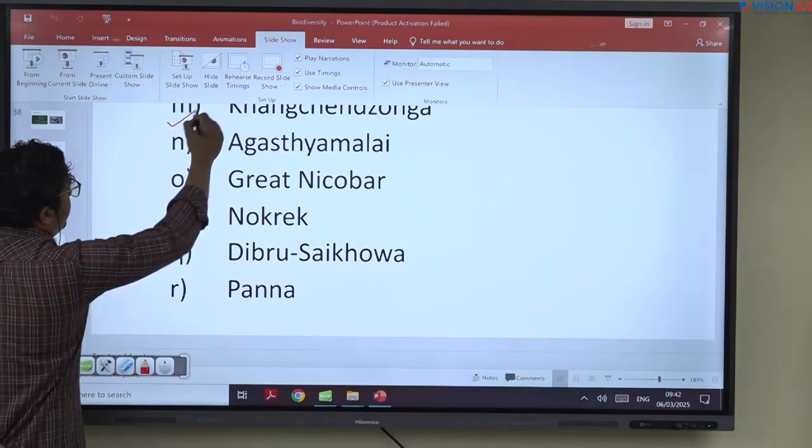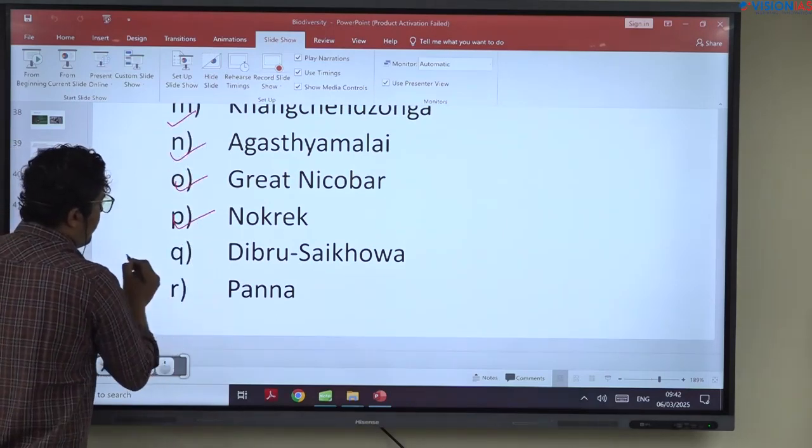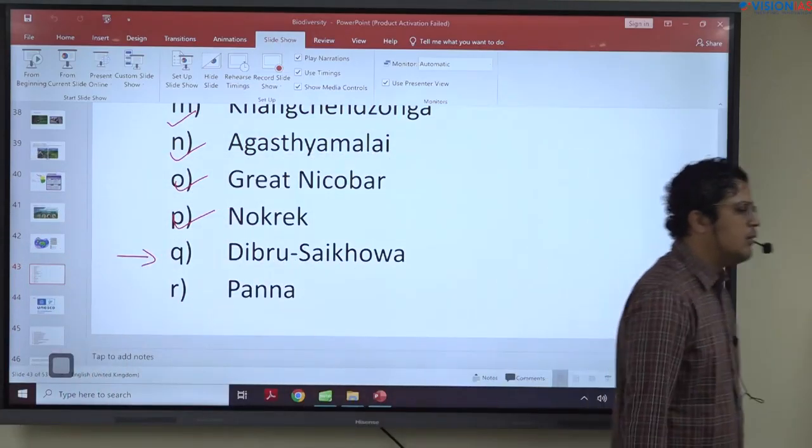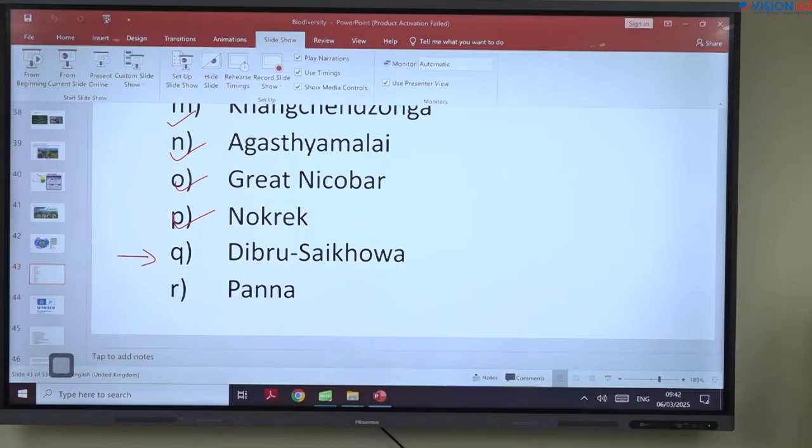Next, Dibru Saikhowa. Assam. Another home of one-horn rhinos in India.